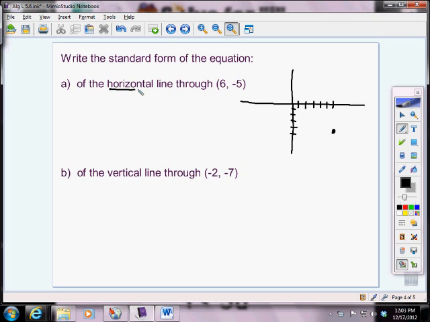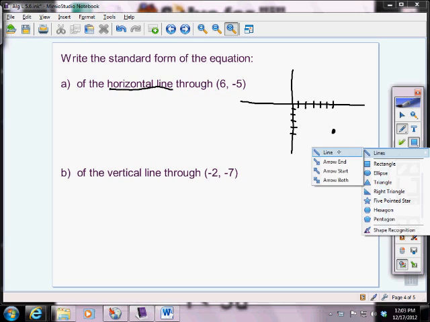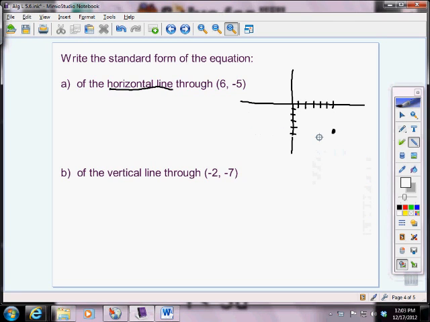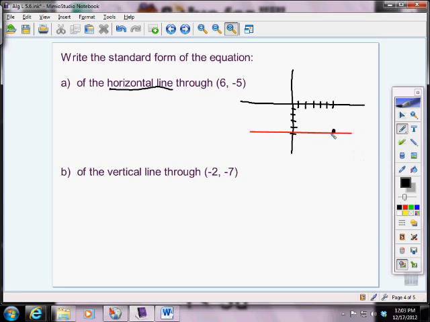If I wanted to draw a horizontal line through that point, you can see our line goes through -5 on the y-axis.